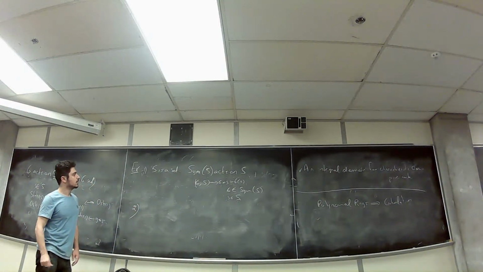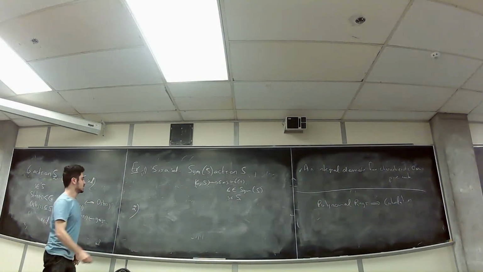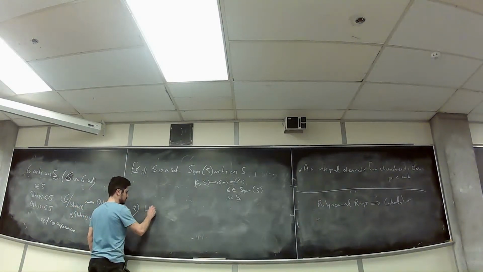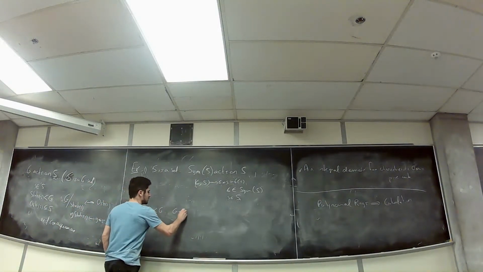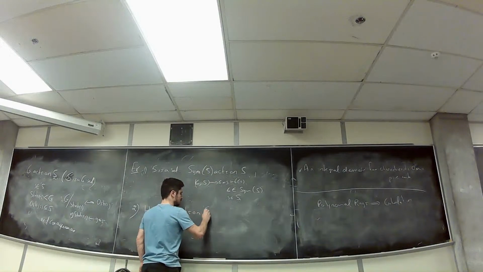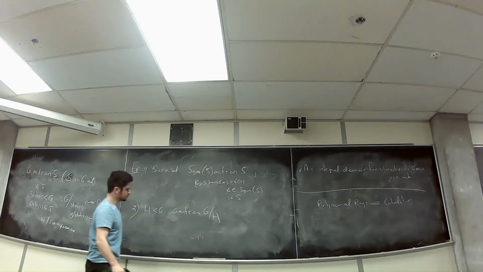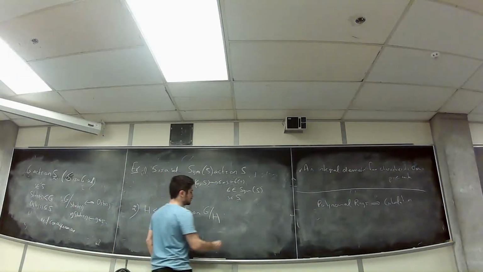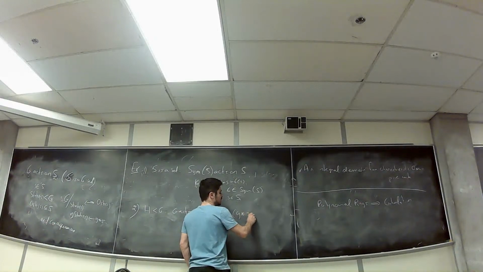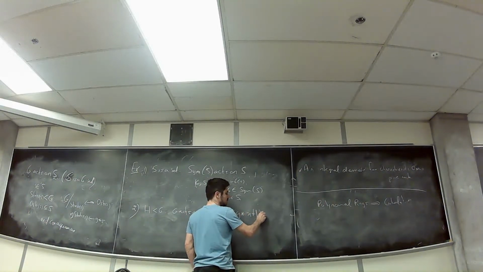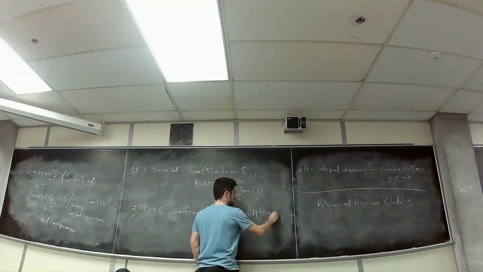What do we have? H is a subgroup of G. Then G acts on G mod H. How do you define this? You take g * xH. How do you define this? It's gxH.